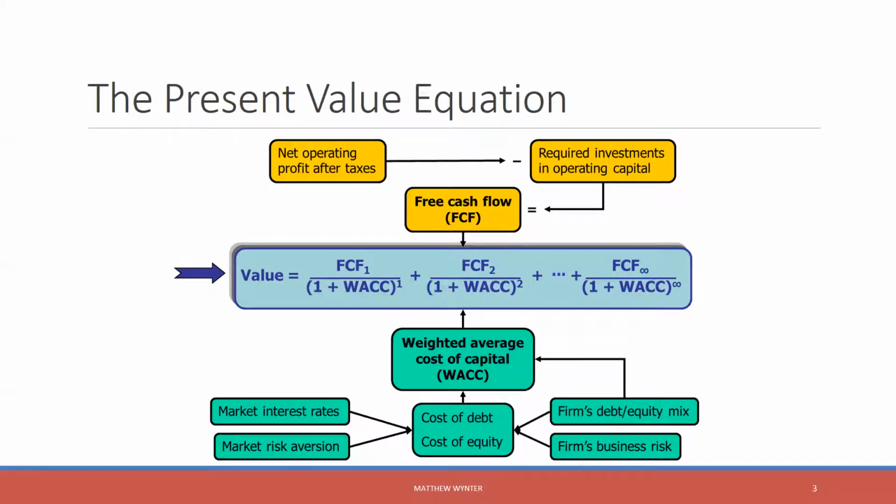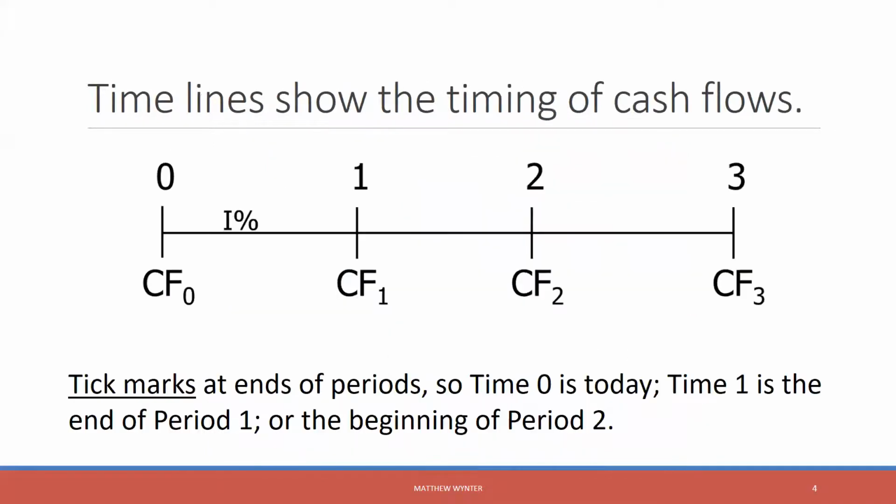So our first period, period 1, it's raised to the power of 1. 2 periods away, 2 years away, 2 months away, 2 quarters away, it's raised to the power of 2, and so on and so forth. So for each cash flow, we're finding the appropriate discount rate to take the present value of these cash flows.